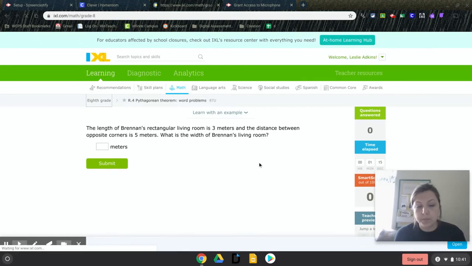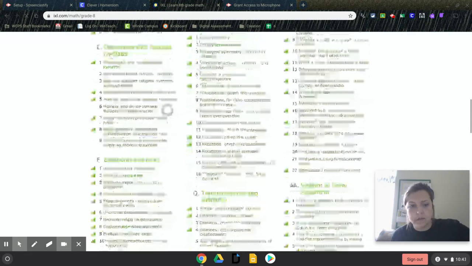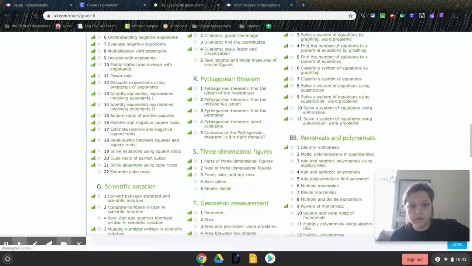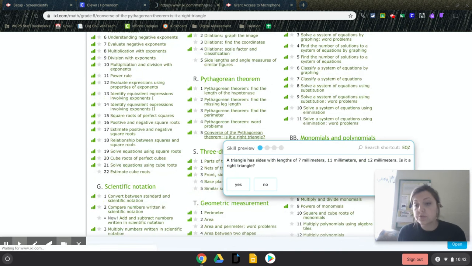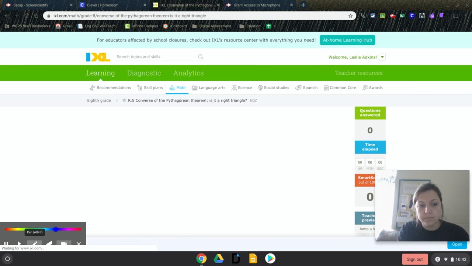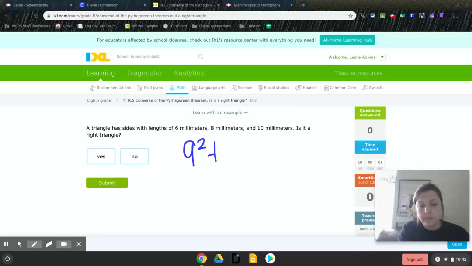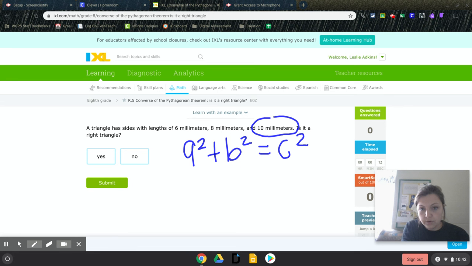And the last one should be pretty quick because I think it is the converse. Here you're just proving if it's a right triangle or not. Remember, for a triangle to be a right triangle, a squared plus b squared must equal c squared. How do you know which one's c? Your longest side length.